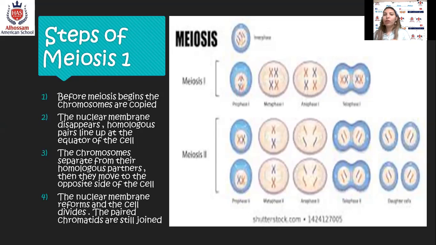Then we start meiosis 2 with prophase 2, metaphase 2, anaphase 2, telophase 2, and then final cytokinesis to give finally 4 daughter cells. You want to add anything, Perry?